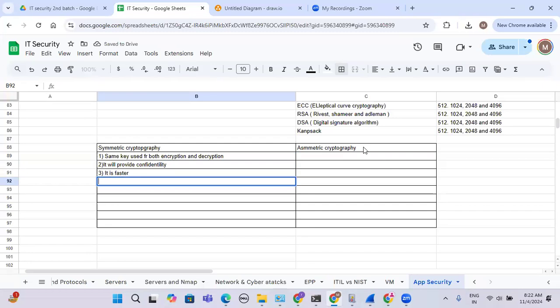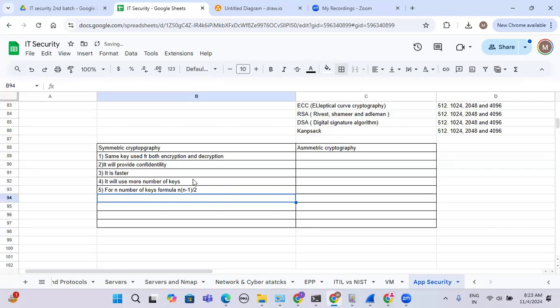And regarding key exchange, it uses a larger number of keys, and the formula for the number of keys is n times (n minus 1) divided by 2.